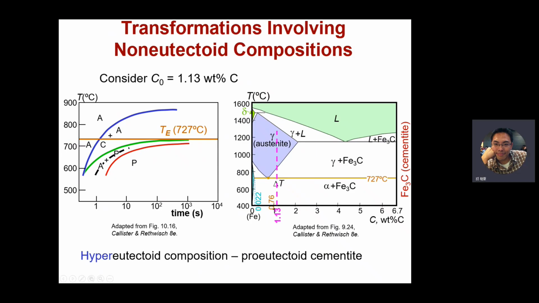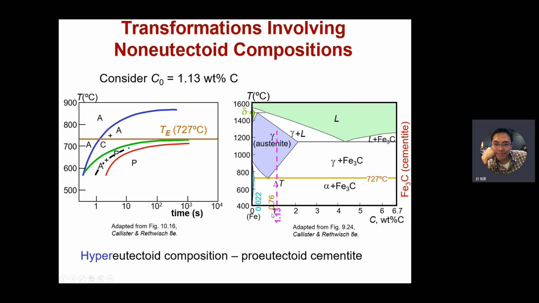Okay, transformations involving non-eutectoid composition. Previously, we always talked about the eutectoid reaction. That means the initial concentration is exactly at the 0.76 weight% of carbon, right? If this composition is not eutectoid, how about this TTT diagram?